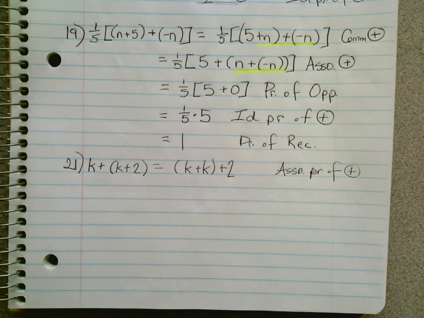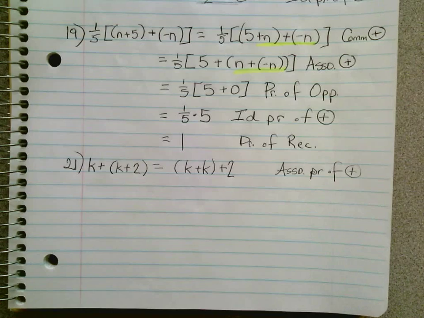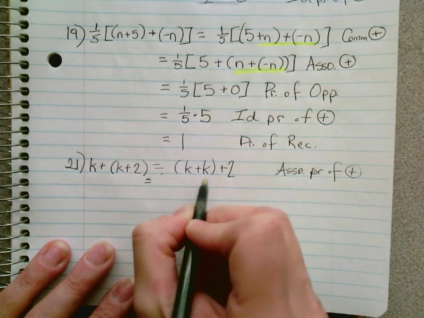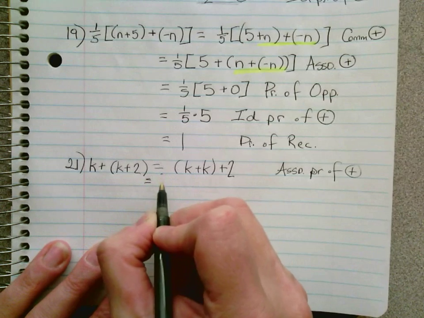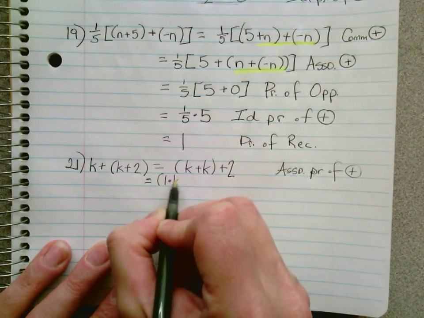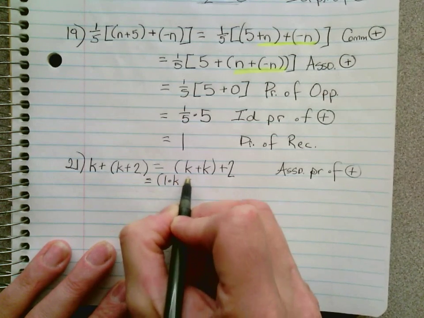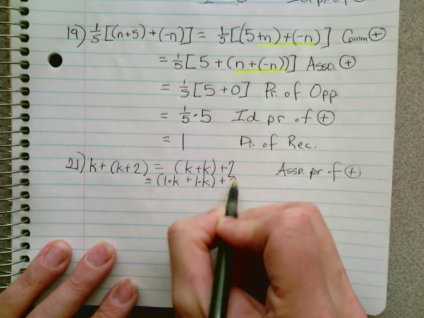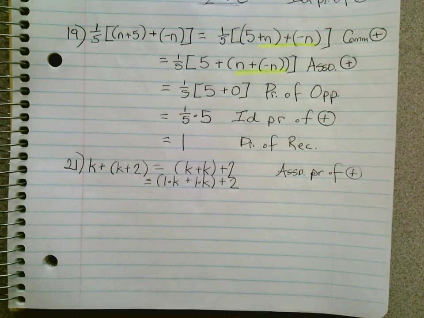The next step is extremely irritating to me. Okay, just going to go ahead and lay it out there. They then did 1 times k plus 1 times k plus 2, which is still okay to do.